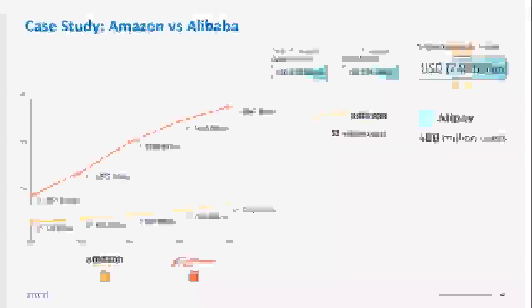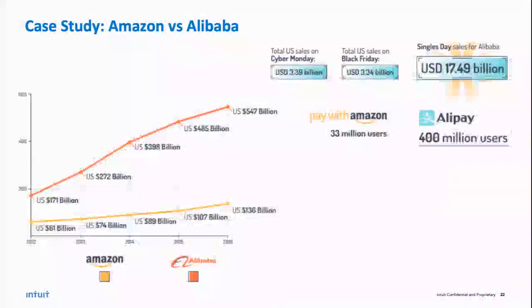I'll quickly pass through. Okay, so I just want to give an example between Amazon and Alibaba. The size of the business is a little bit bigger in Amazon, and the number of customers is very high in Amazon. Also revenue and all that, right?